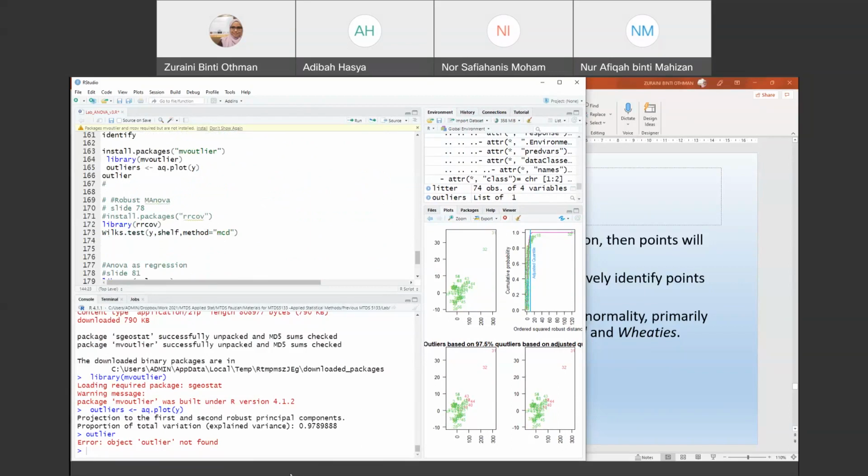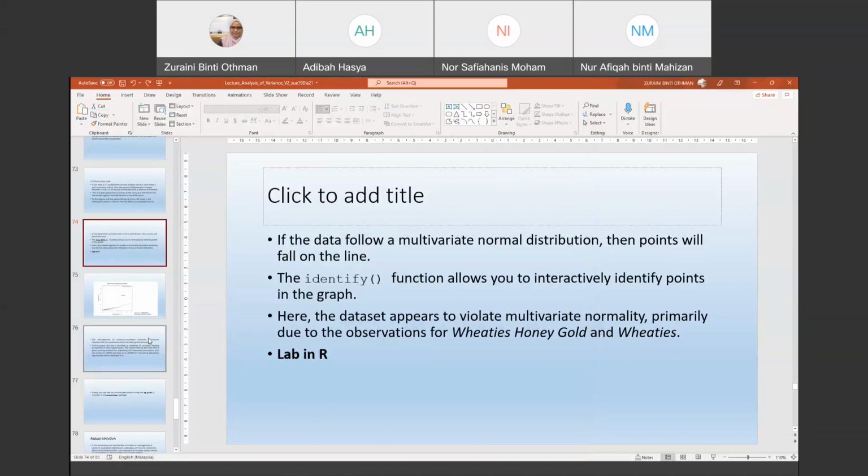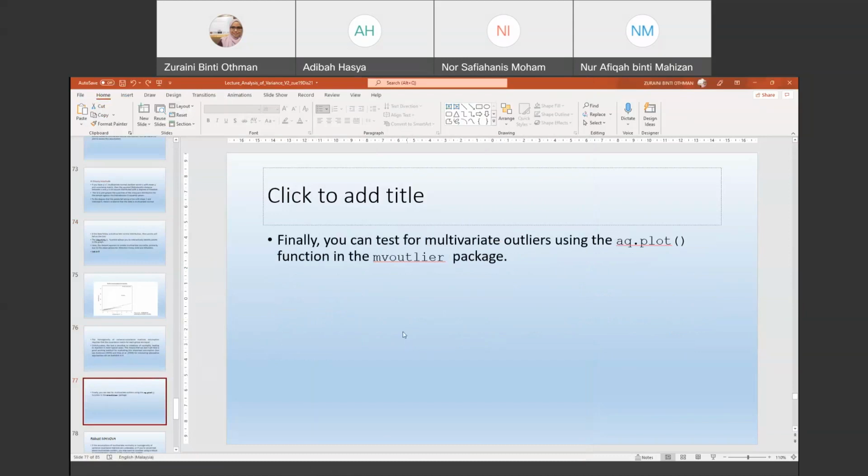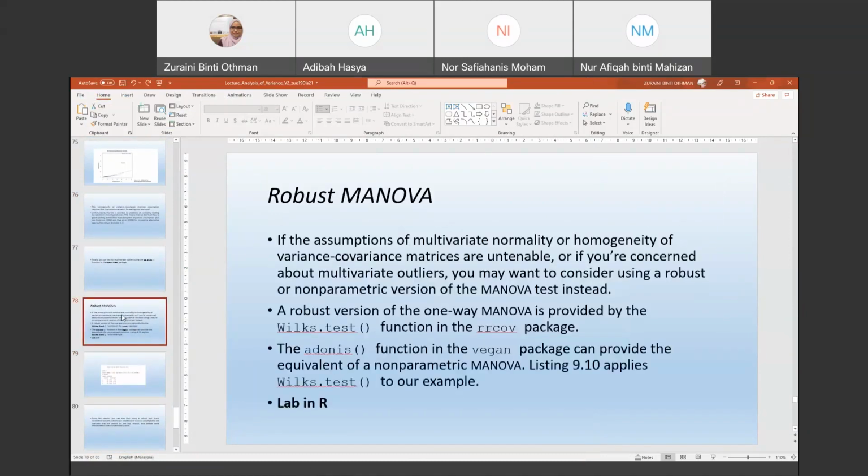And we continue with our, this is the outlier package just now and robust Anova. If the assumptions of multivariate normality and homogeneity of variance covariance matrix are unavailable, or if you are concerned about multivariate outliers, you may want to consider using a robust or non-parametric version of the Anova test instead.